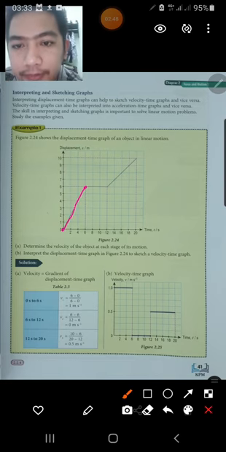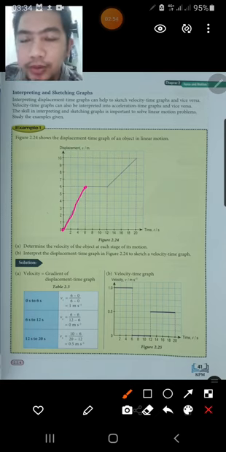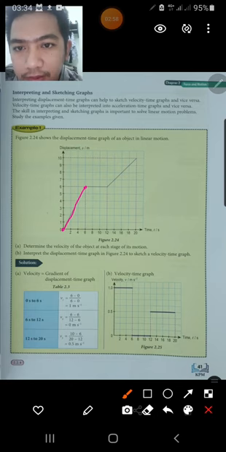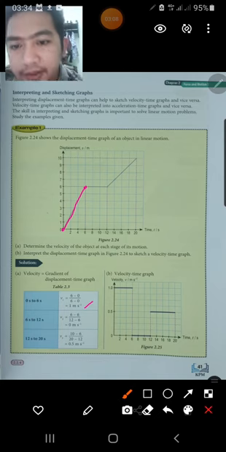To calculate, as usual, you use y2 minus y1 over x2 minus x1. So, 6 minus 0 over 6 minus 0. You will get the velocity for this section is 1 meter per second.